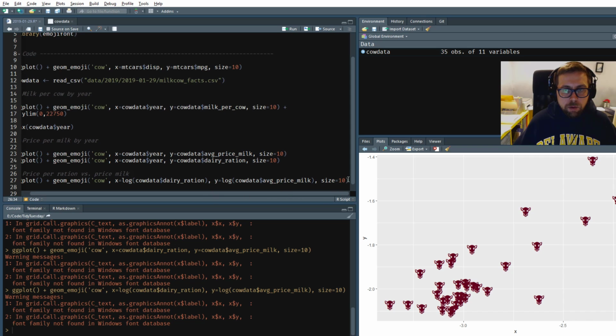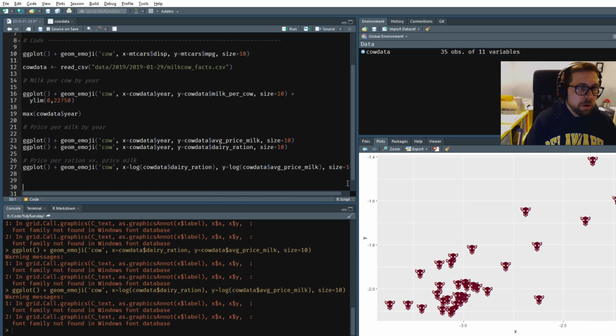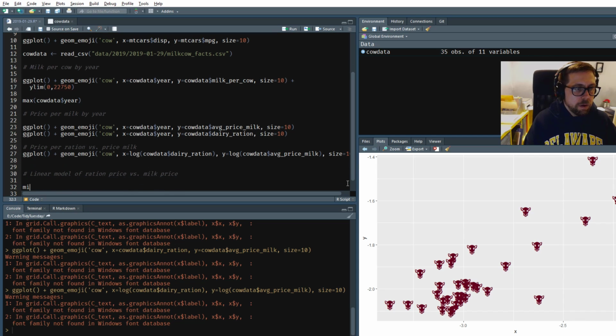Okay, now let's go ahead and fit a linear model of the ration price versus the milk price. We'll call this the milk model, and we'll just do an LM of the average price of milk versus the dairy ration.